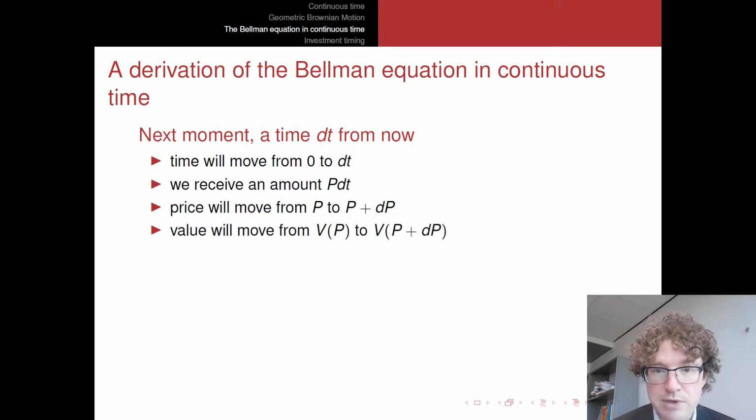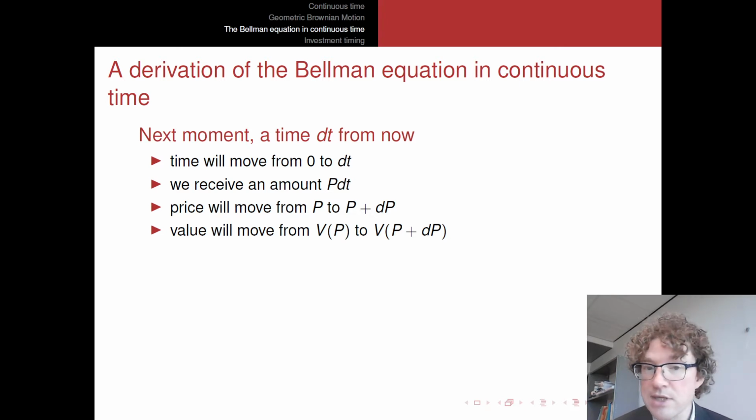During that period of time, we get some cash. How much? It depends on the flow rate, P, times the length of this time interval. So P times dt is the total amount of cash that we get in this period of length dt.